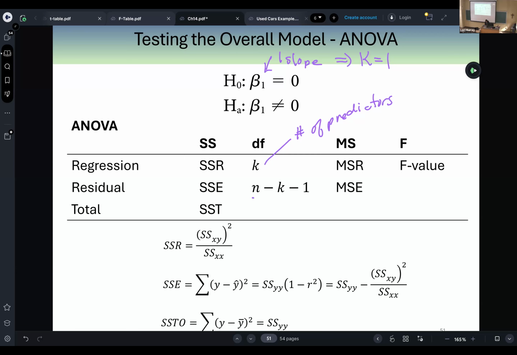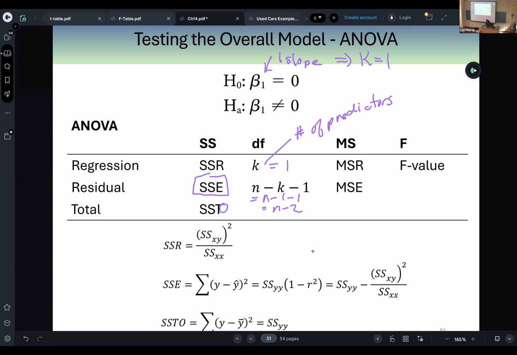If you do this, n minus 1 minus 1, that equals n minus 2 when K is 1. So in simple linear regression, K is 1 because there's only one predictor. And n minus K minus 1 is n minus 2. And so we have already seen this.